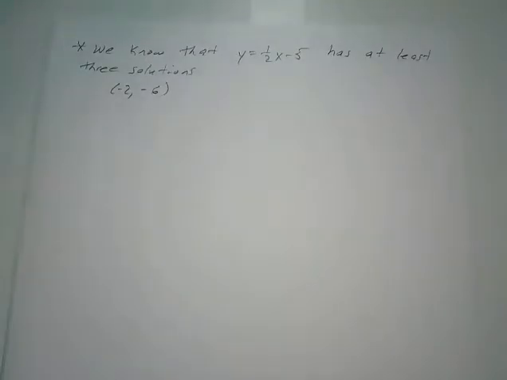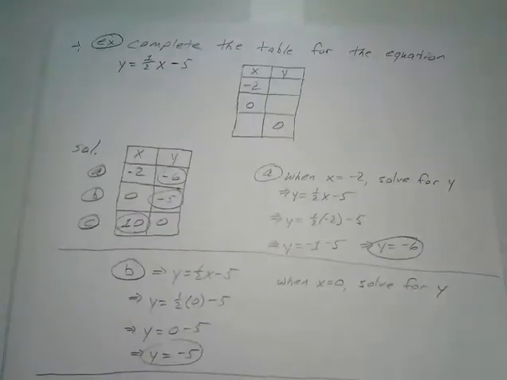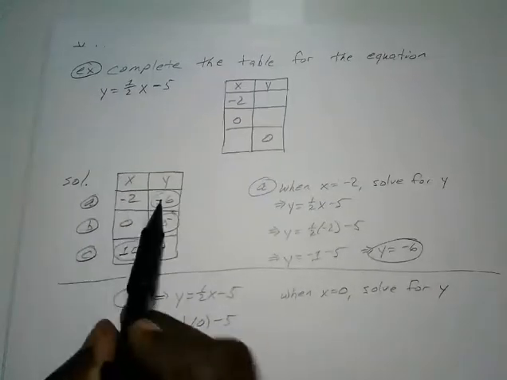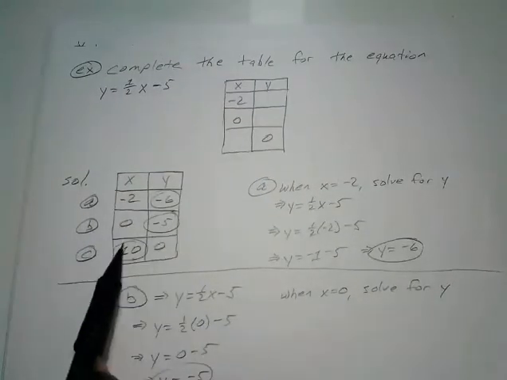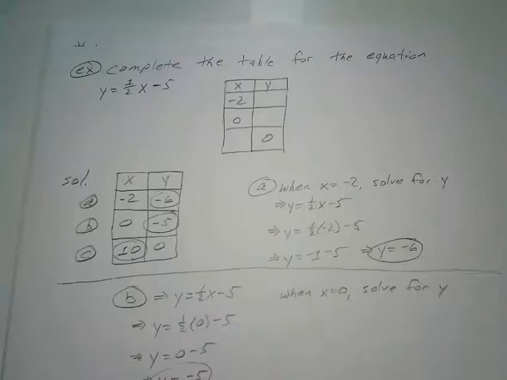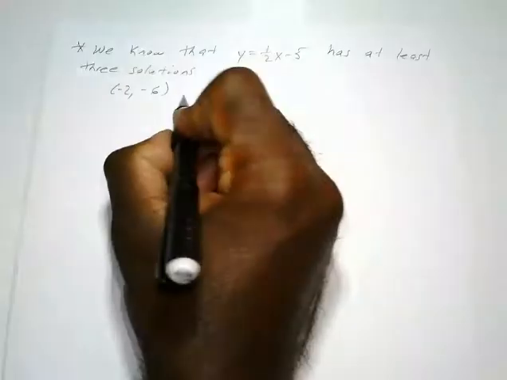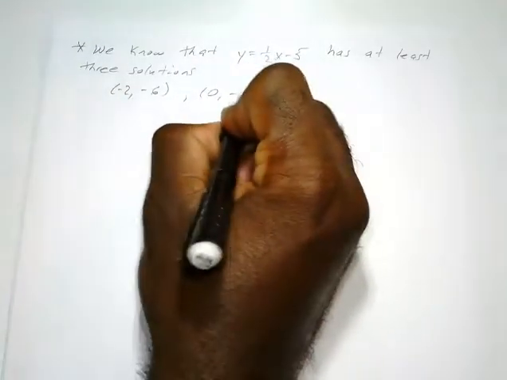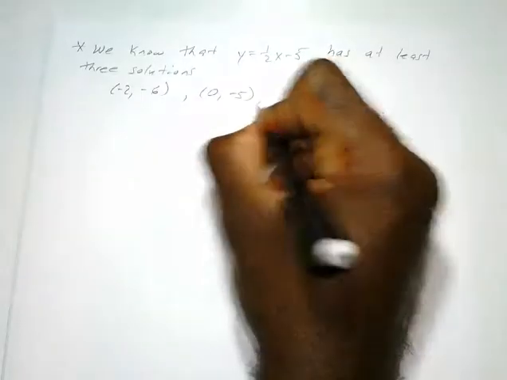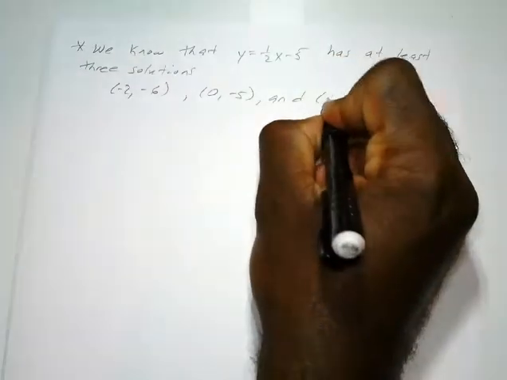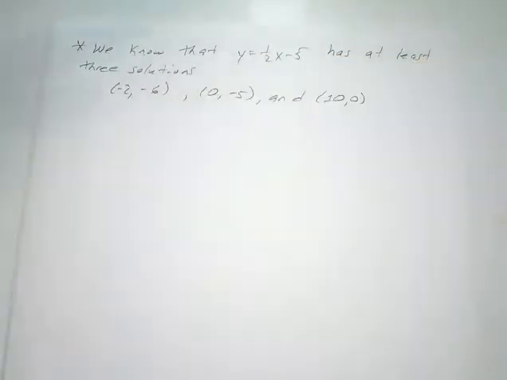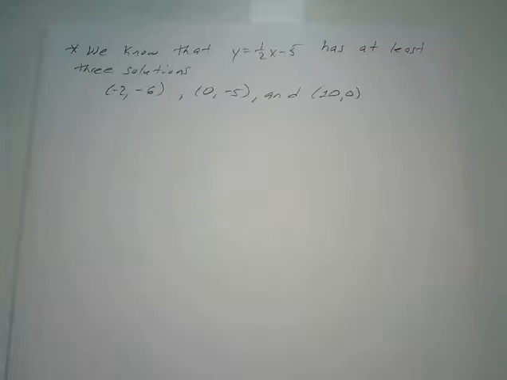Remember, we figured all of them out right here: -2, -6, 0, -5, and 10, 0. We know those 3 solutions exist because we plugged them in ourselves. So we know of those 3 solutions.